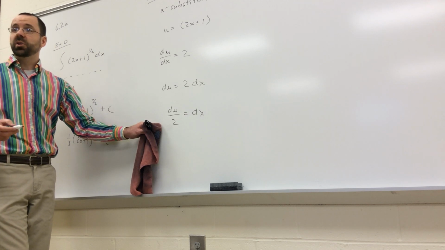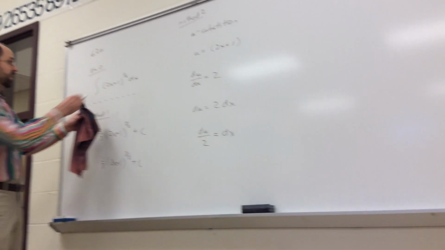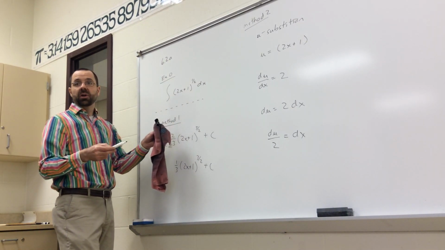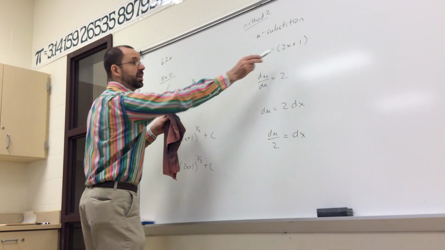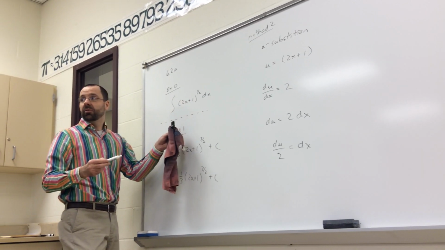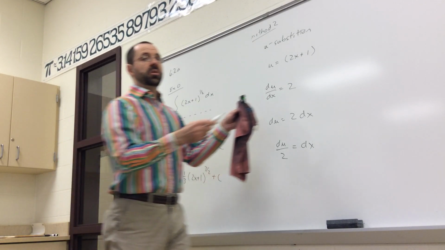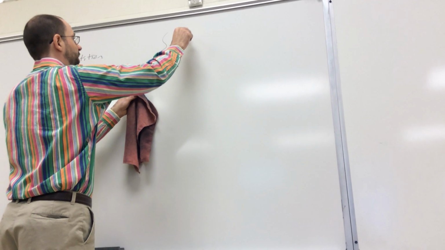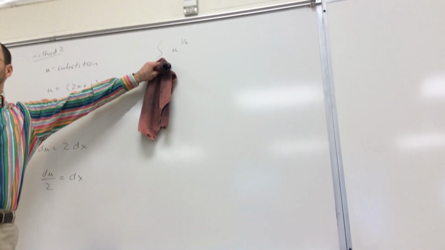Okay, so the reason we're doing all of this is we want to take this problem, which is sort of hard, and transform it into an easier problem. So since U equals 2x plus 1, this is U to the 1/2 power, right? So I'm going to rewrite my original antiderivative, but instead of 2x plus 1 to the 1/2 power, I have U to the 1/2 power.